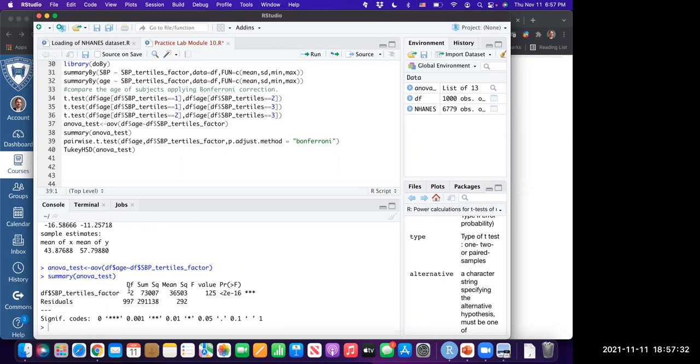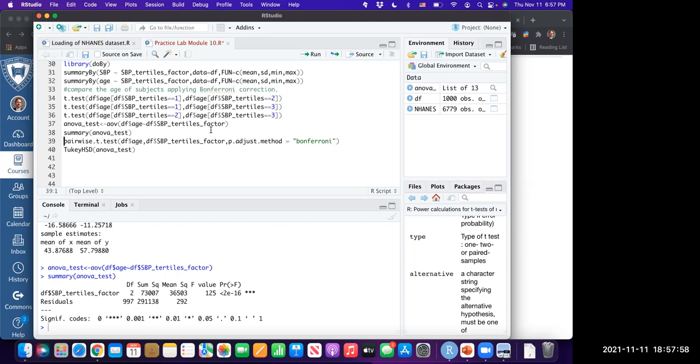So here the degrees of freedom for the 3 groups, with the residuals for the within group, the total residuals, the sum of squares, the mean squares, we get the F value and we get a significance, right? So it looks the same as the printout in the slides, just depicted here in a different R-like fashion.